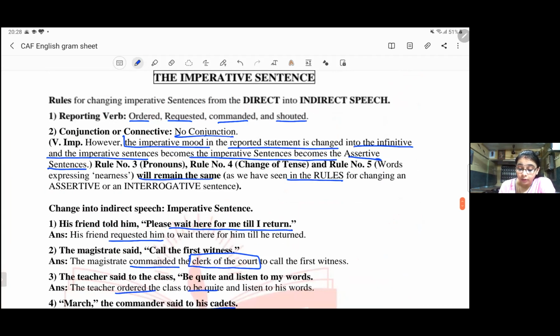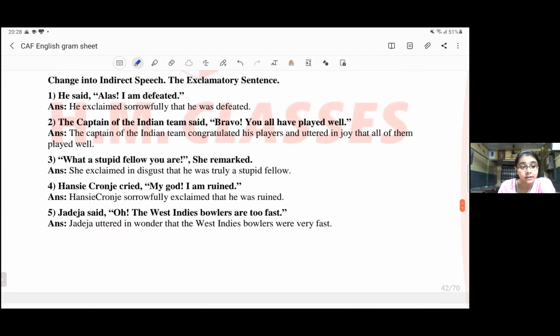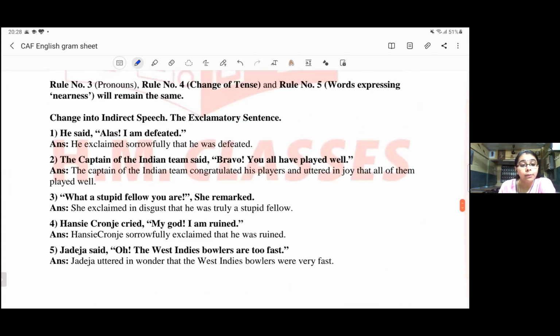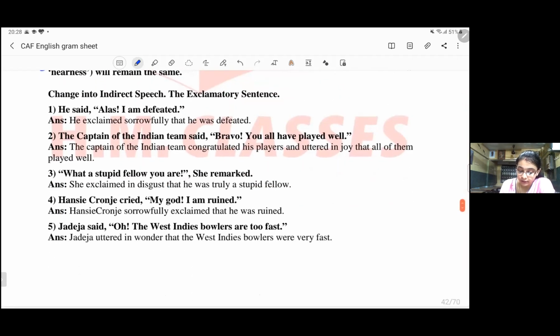So when you all are changing the sentences, it will become an assertive sentence. The sign of exclamation is removed. Right? This is one and the same. Now just go through this.